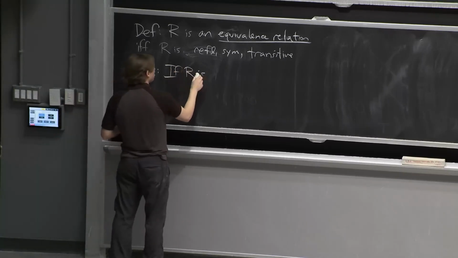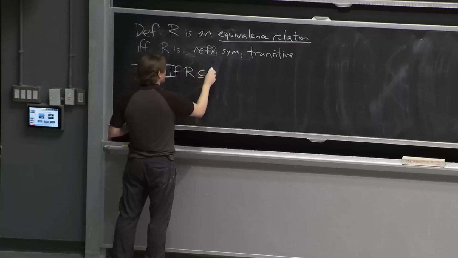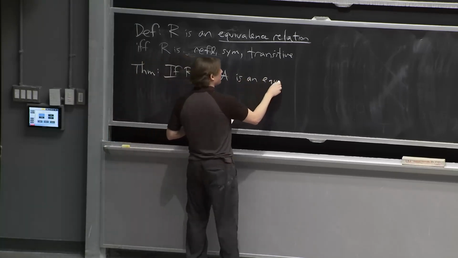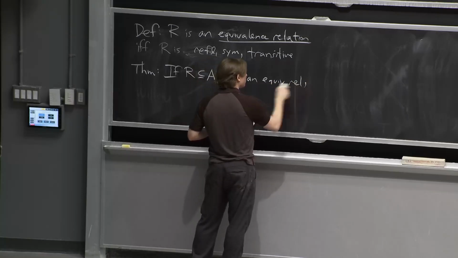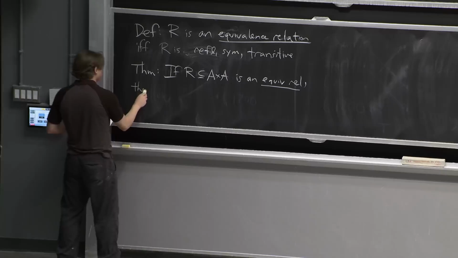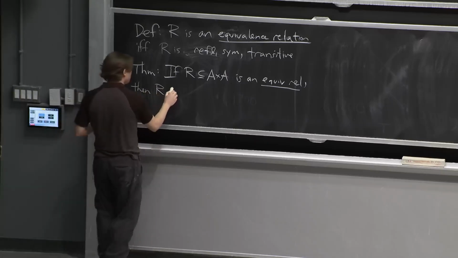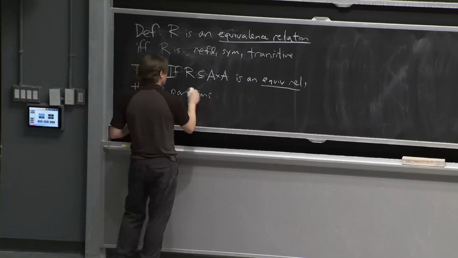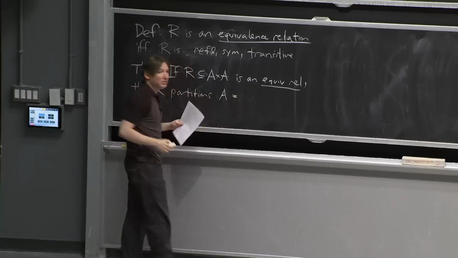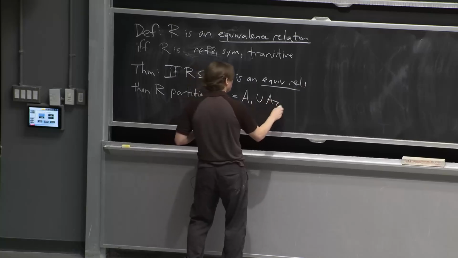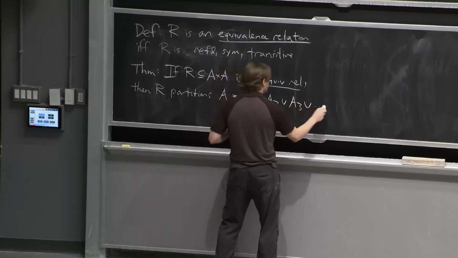If R, which is a relation on A, is an equivalence relation, then R partitions A into some collection of subsets, A1 union A2 union A3 union, and so on.